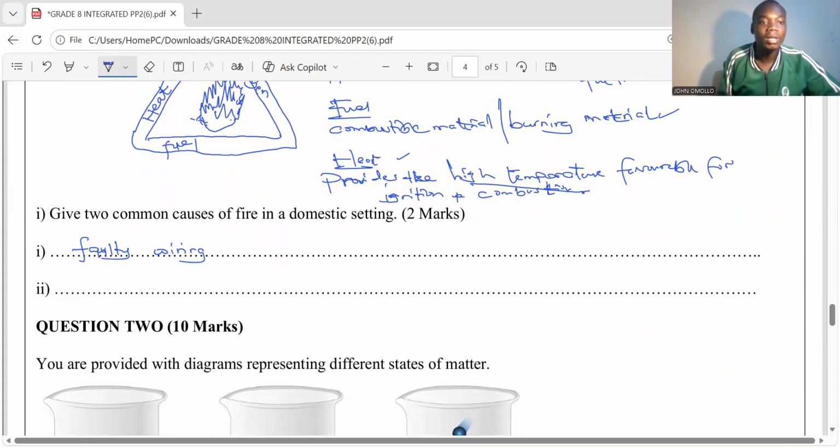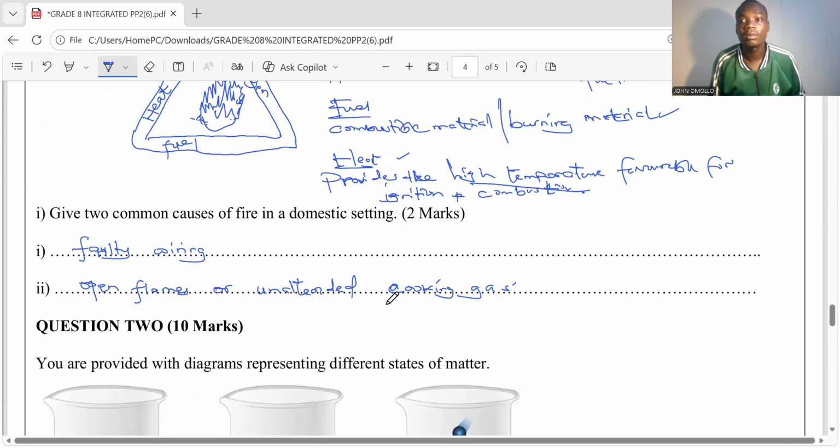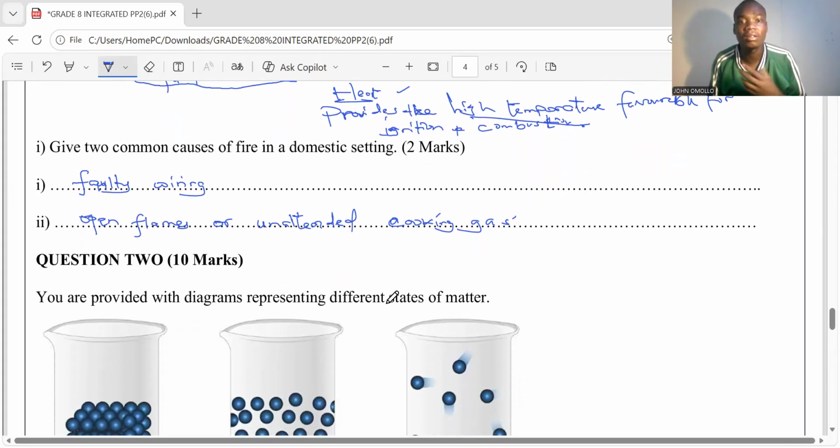Number 2, what can cause fire is, let's talk about open flames or unattended cooking gas. So we have the open flames or unattended cooking gas, faulty wiring. Those can be the 2 causes of fire in a domestic setting.